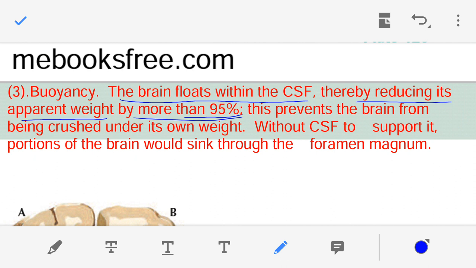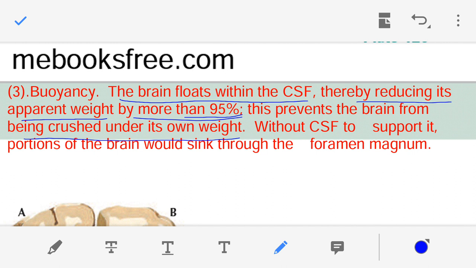This helps prevent the brain from being crushed under its own weight. So let's say if CSF is absent, then what happens? At that time our brain will be very heavy, and there are chances that due to its own weight the brain would be crushed.